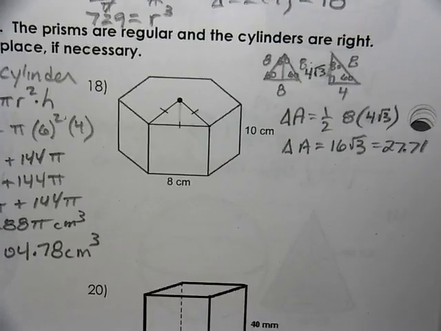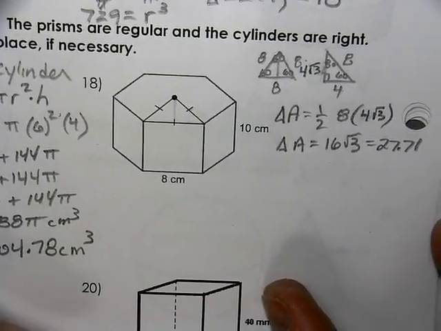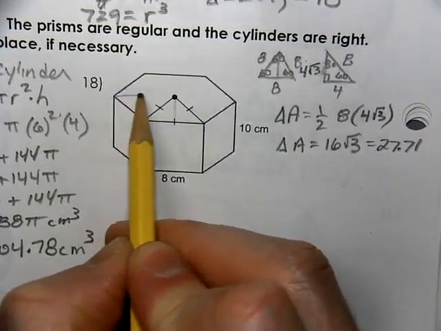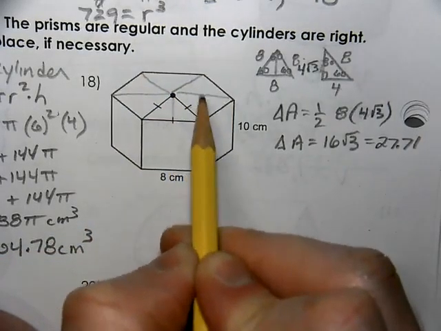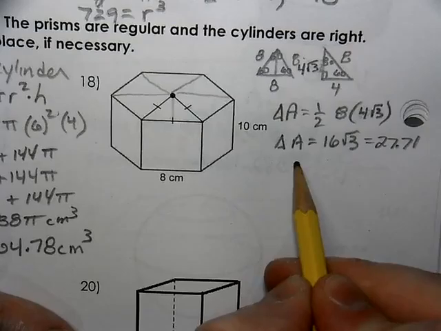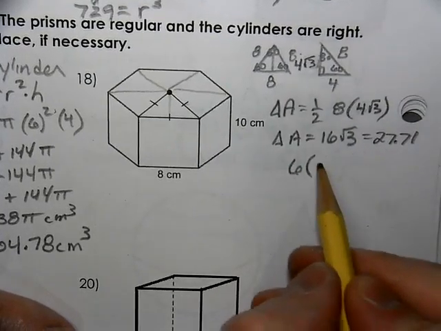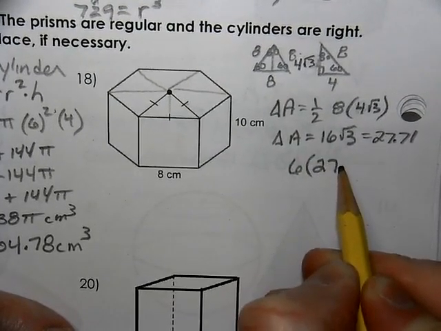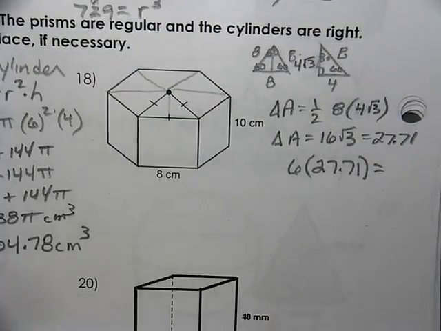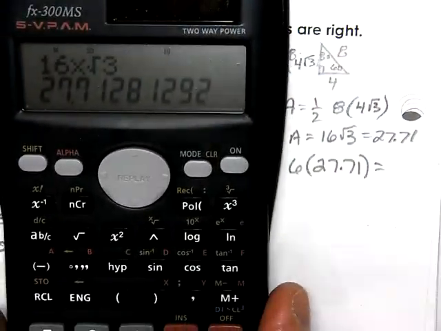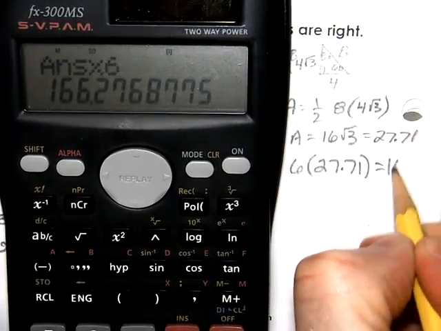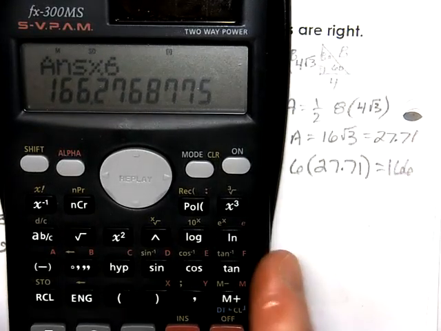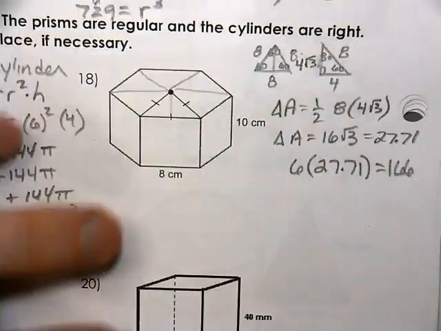That's what one of the triangles is. Well, there's actually 6 triangles here. So 6 times 27.71 gives you 166.28.